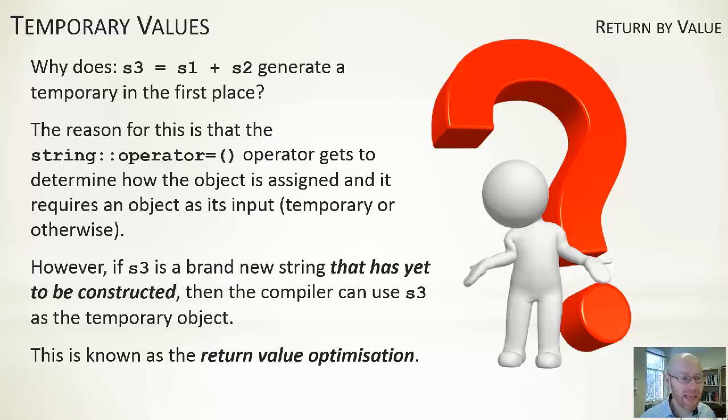Now, here's the key bit, down at the bottom, and we're going to return to it in the next talk. We're just going to introduce it here by way of a solution. If, and only if, S3 is a brand new string that has yet to be constructed, so this is the case where we haven't yet constructed it, but it's being constructed there, then as opposed to creating a temporary variable and assigning it to a brand new thing that we are constructing, you can basically just substitute S3 for your temporary variable.